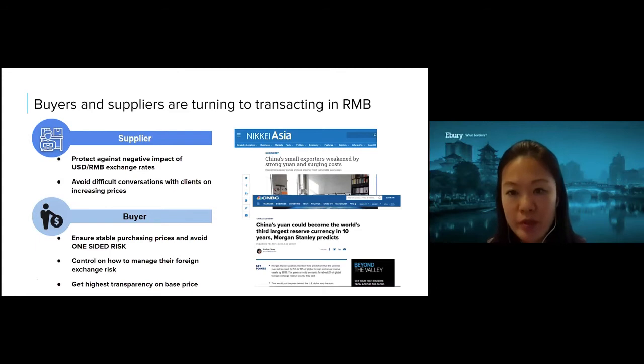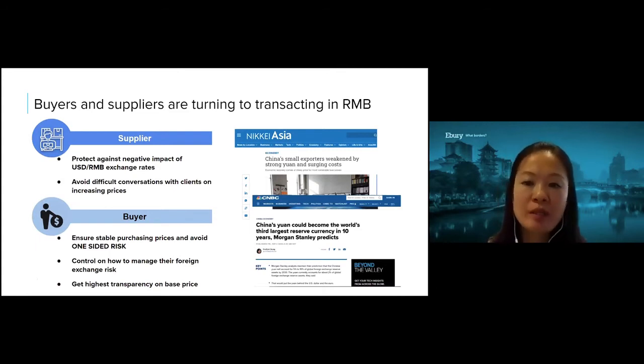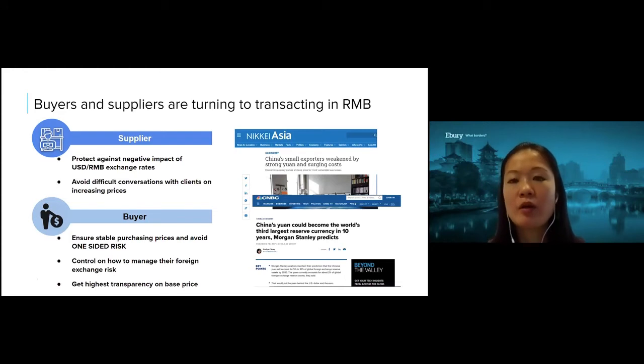So this is the reason why we're seeing that more and more companies that are buying from China, so importers working with suppliers in China, are also turning to transacting in RMB. And this is actually one of the main initiatives here at IBRI, that we're also helping our clients, the buyers, and also their suppliers to have a smooth process in changing from USD to RMB.